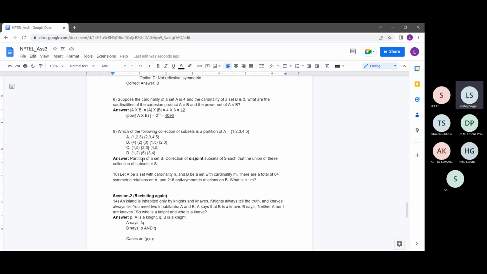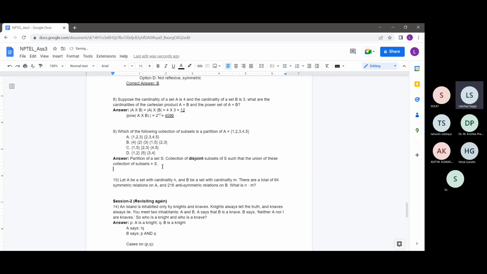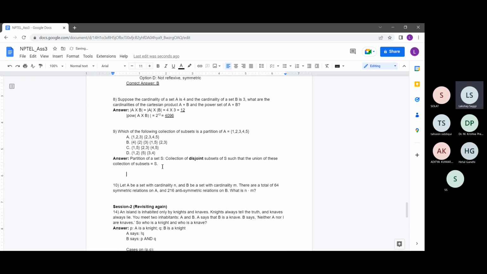I guess you must have seen the definition in lectures also, and this is almost the similar definition. So the two things to look for in a partition are that all the subsets should be disjoint, as well as the union of these subsets should give us the original set S.